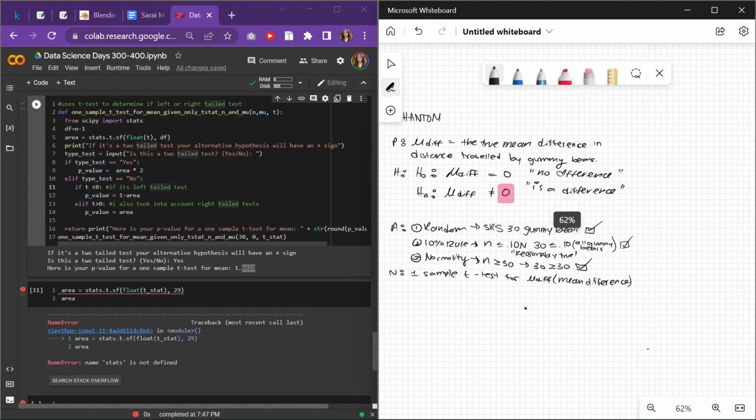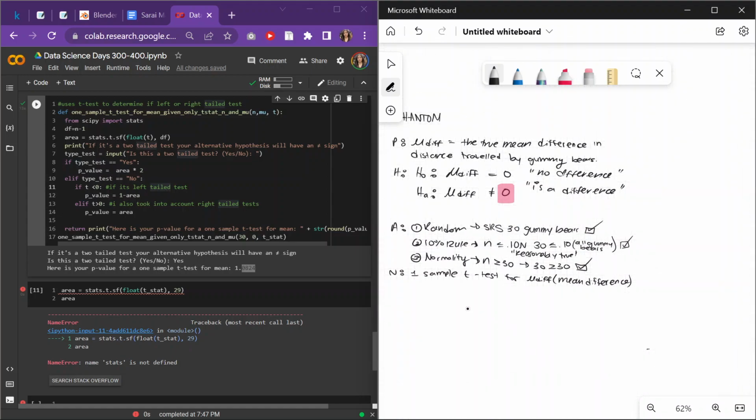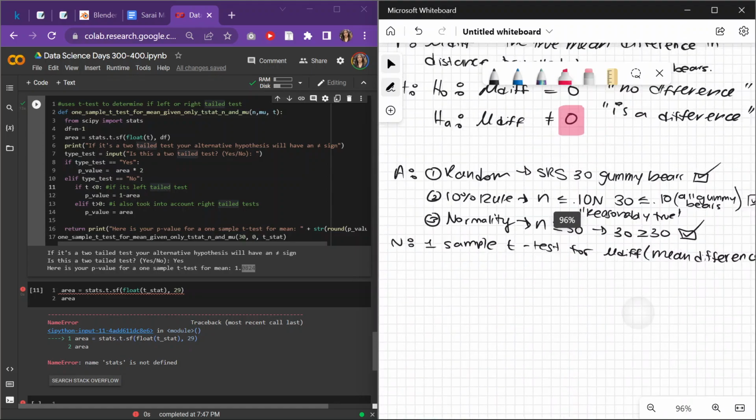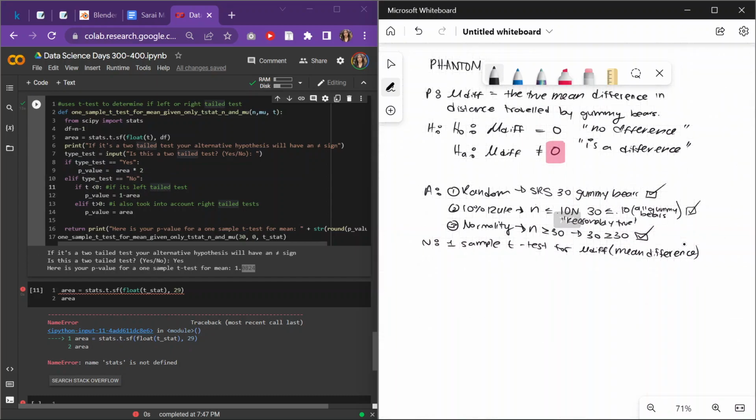Alright, so t is equal to the mean difference minus the mu difference, over the standard deviation of the difference divided by the square root of n difference.